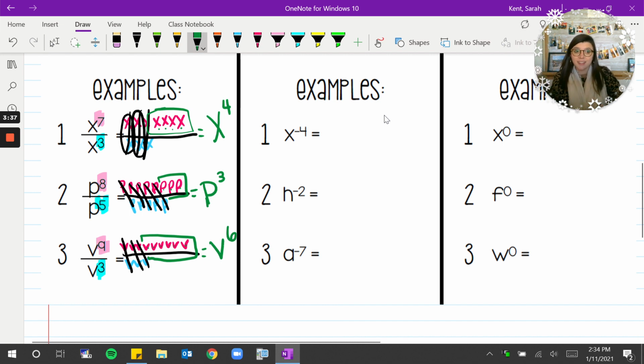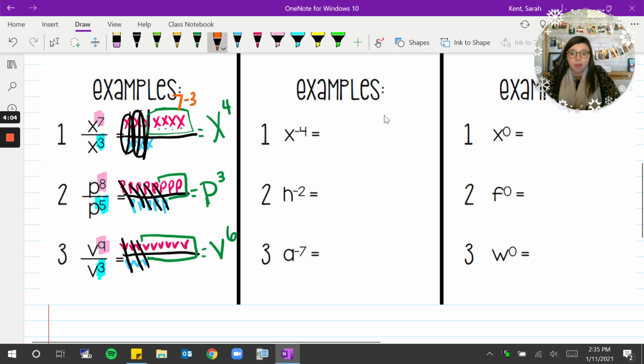So just like last time, we can write out all of the letters if you want, or there is a shortcut. So for today, whenever you've got a fraction, when we're canceling out, we're taking away and seeing how many are left. So that means I can take these numbers of 7 and 3, and I can subtract them.